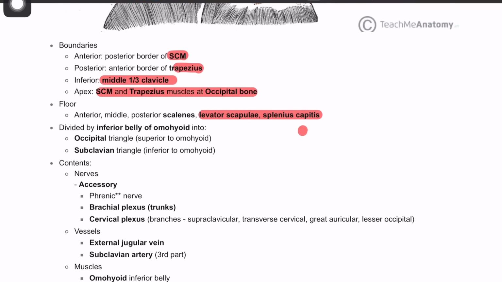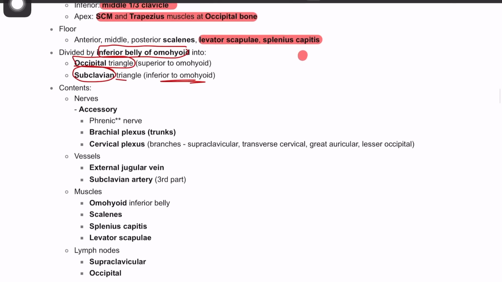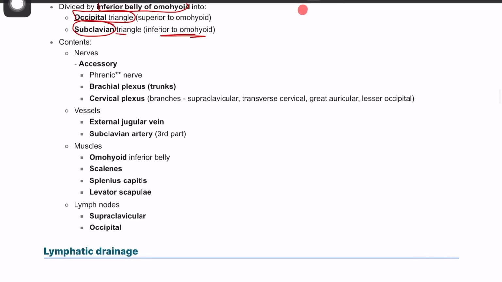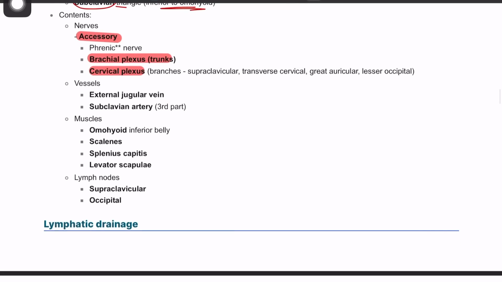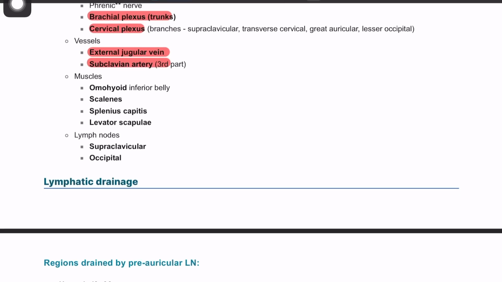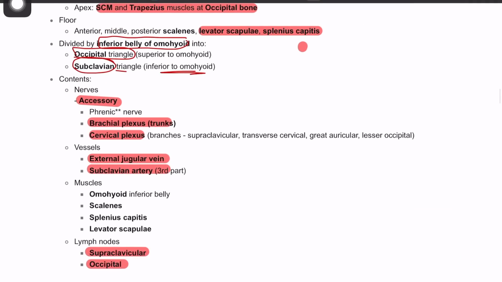Divided, like we said, by the inferior belly of omohyoid muscle into the occipital and subclavian triangle, or the clavicular triangle. It contains some nerves: accessory nerve, phrenic nerve, brachial plexus, cervical plexus; vessels: external jugular vein and subclavian artery; and muscles, like we said, all the muscles; and lymph nodes: supraclavicular lymph nodes and occipital lymph nodes. These are the contents, all right?